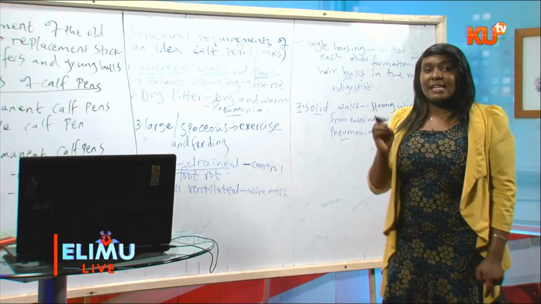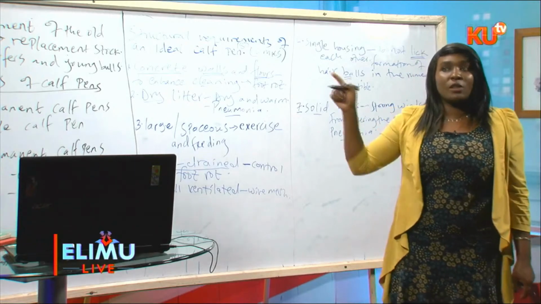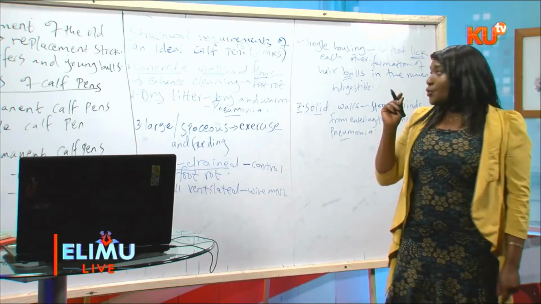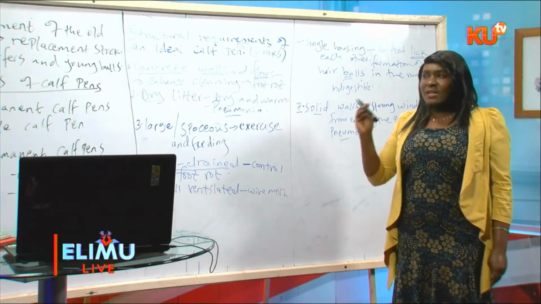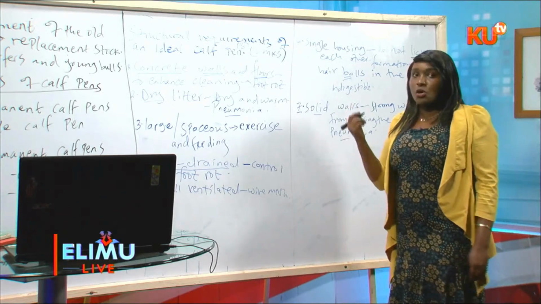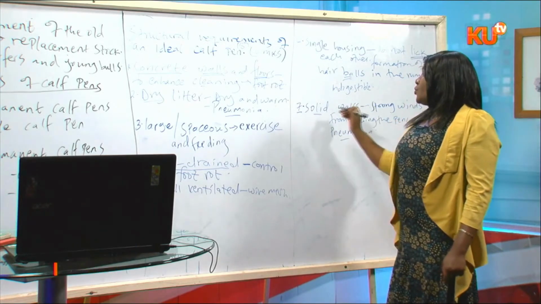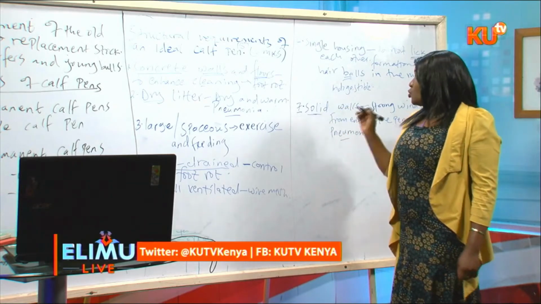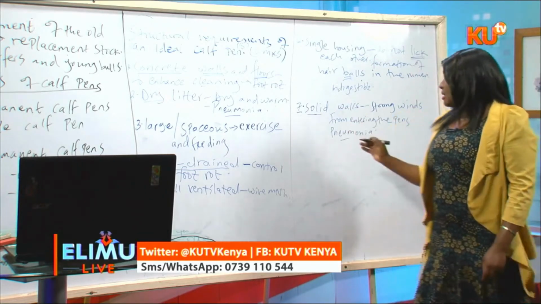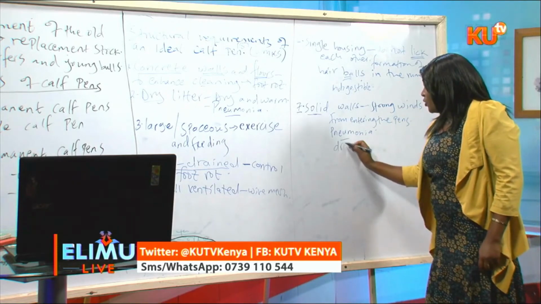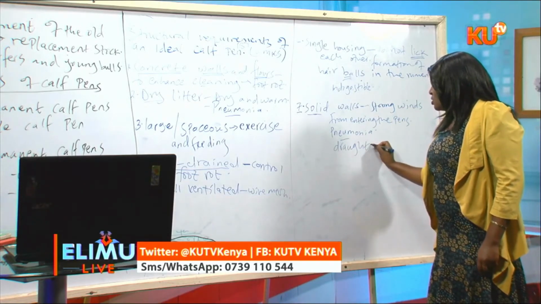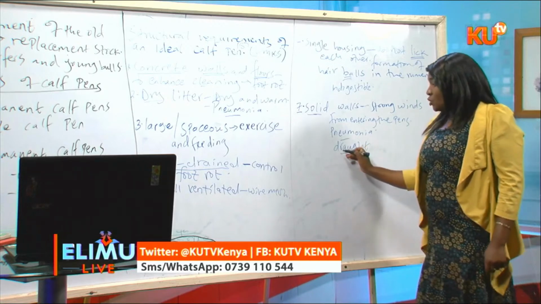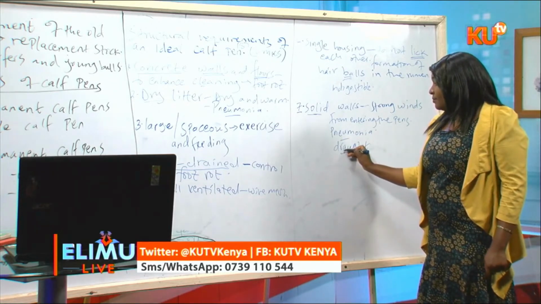But I'm not saying that our calf pen should have solid walls on all 4 walls. You should ensure that the better part, and especially the side where the very strong winds are coming from, you put a solid wall to ensure that draught, that phenomenon we call draught, is prevented.